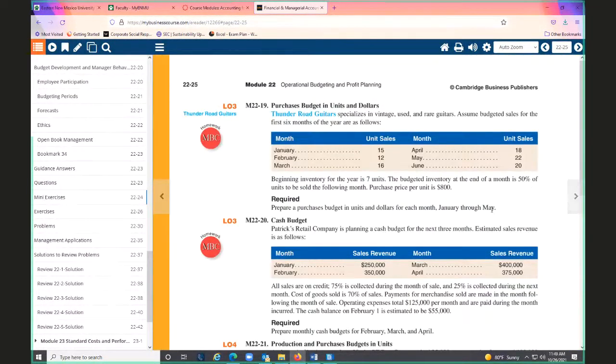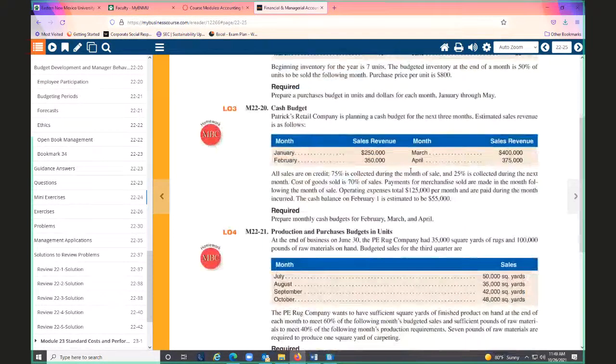Okay, and let's see what we have next. This one, let's just look at the cash budget next. Patrick's Retail Company is planning a cash budget for the next 3 months. Estimate sales revenue as follows. It's telling you what the revenues are. All sales are on credit. 75% is collected during the month and 25% is collected during the next month.